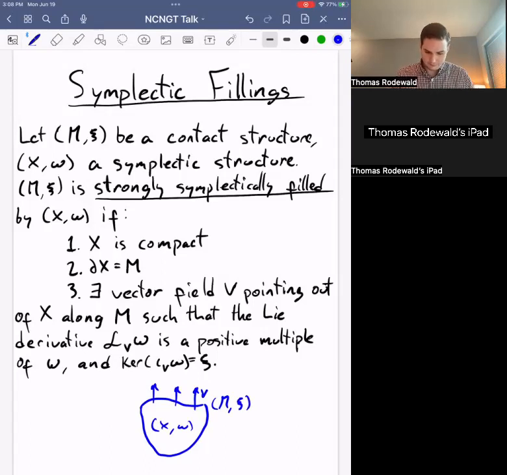Then interior multiplication of omega with V turns your two-form omega into a one-form, and it's strongly symplectically filled if that interior multiplication is a contact form, so its kernel is equal to the contact structure.